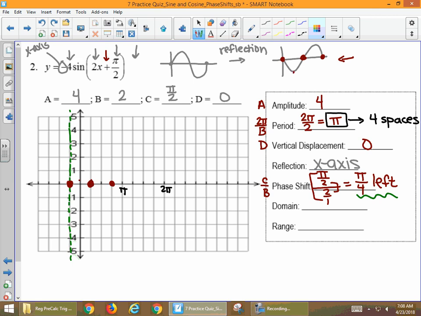Halfway in between the first 2, I'm going to have a min. And that min is going to be at -4 since our amplitude is 4. And halfway in between the second 2, I'm going to have a max at 4. And I'll do one more cycle for you.